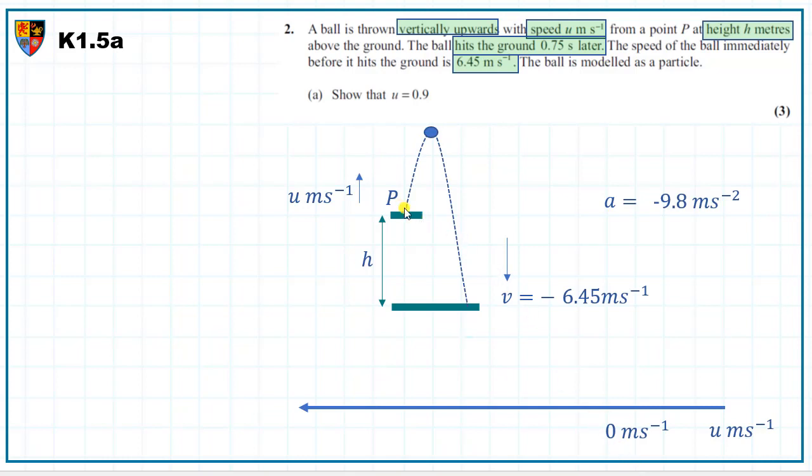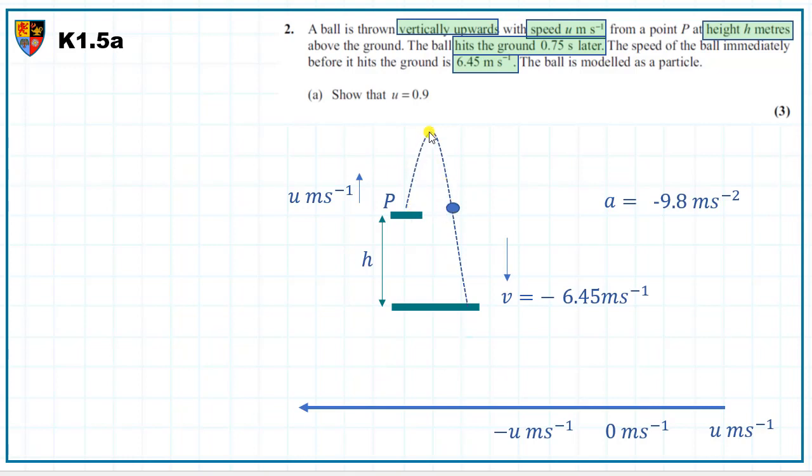Now, also consider the next stage. When it's back at P, the velocity has to be minus U. Why? It traveled the same distance to go down as it traveled to go up.